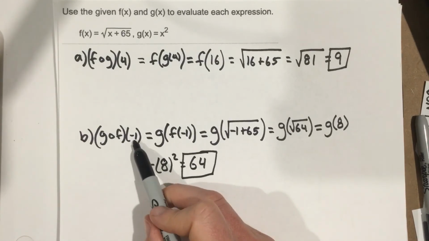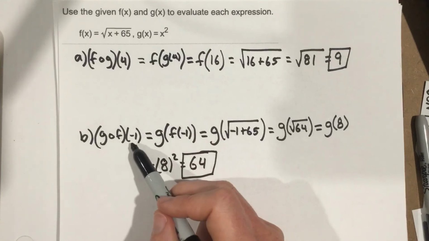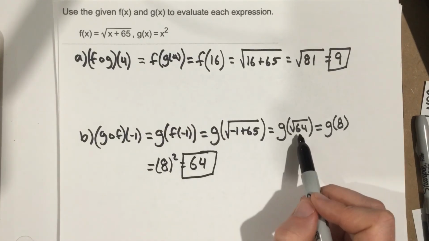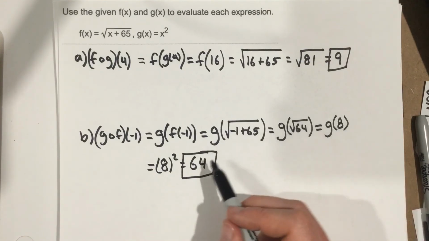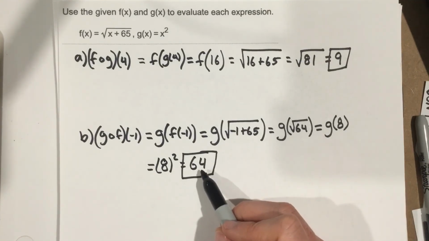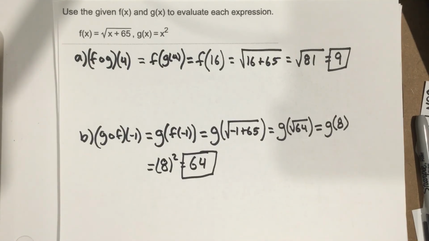So negative 1 goes into the f function, gives you root 64. When I got root 64, that's 8. When I plug that back into the g function, I go right back to 8 squared, which is 64. Hope that makes sense.